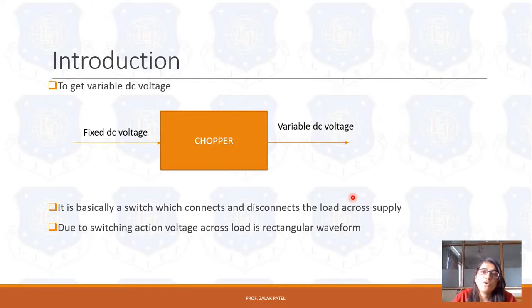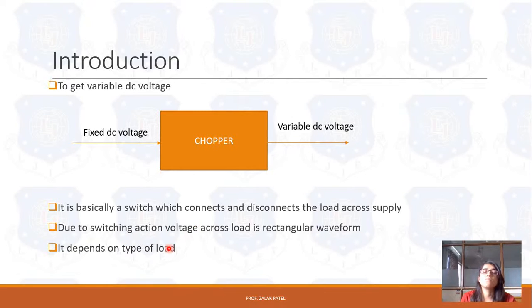When the load is inductive, one can get a continuous type of waveform, and when the load is resistive or without an inductive component, the waveform is clearly rectangular. So it depends on the type of load in the case of a DC to DC converter.